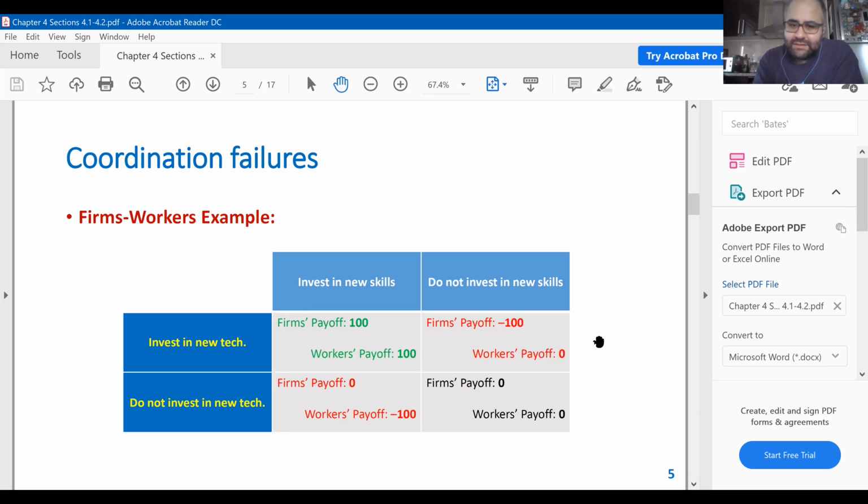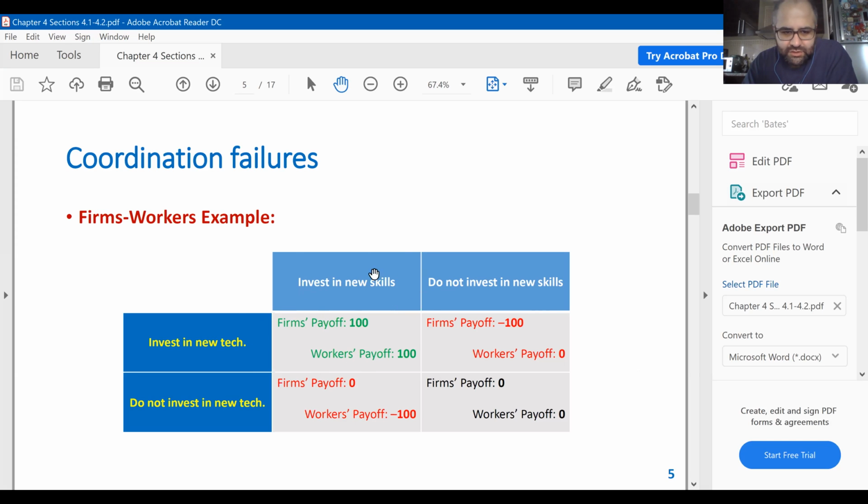Then in this case, here on the lower left panel, you see that workers pay the cost for investing in new skills, but since they cannot benefit from it, their payoff is minus 100 and firms' payoff is zero. Okay. Now in such situations, of course, the good equilibrium is the green one, right?